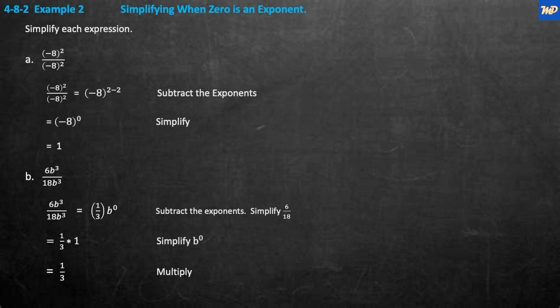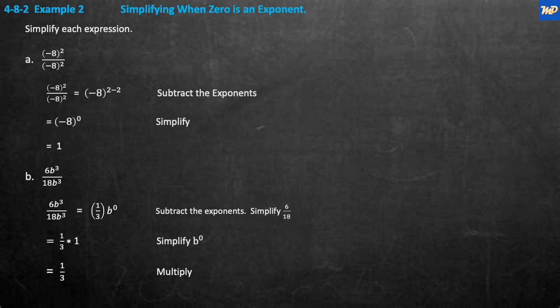Simplifying when 0 is an exponent. So this is kind of what we just went over, but we're going to get a little more practice with it. We're going to start off by looking at the quantity minus 8 squared divided by the quantity minus 8 squared.